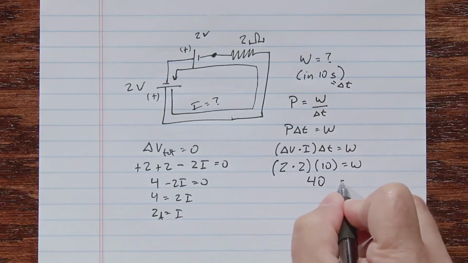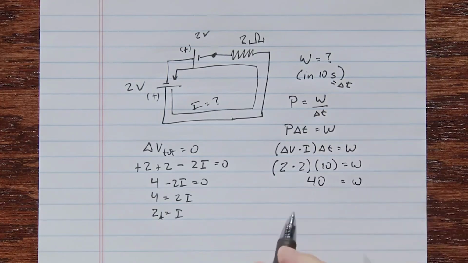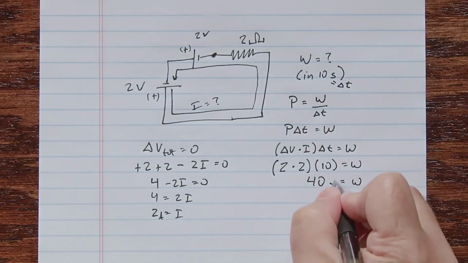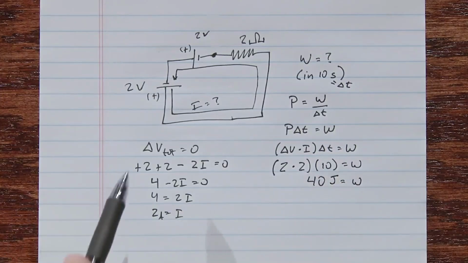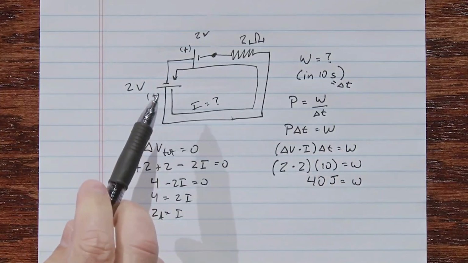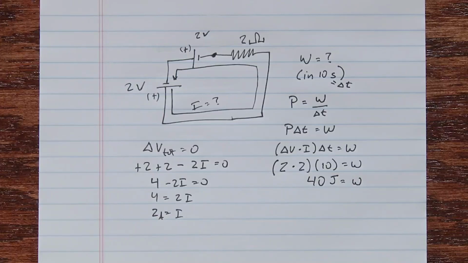So 40 units of work were done. And our basic metric unit of work is our basic metric unit of energy. So that'd be 40 joules. So each battery does 40 joules of work in a 10-second interval. So in total, the batteries do 80 joules of work in a 10-second interval.